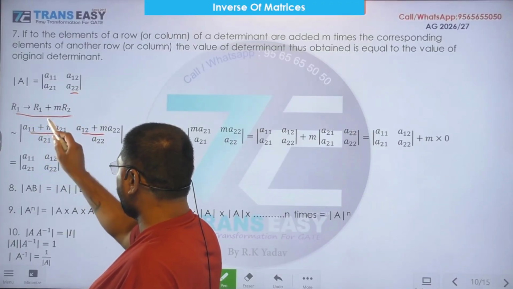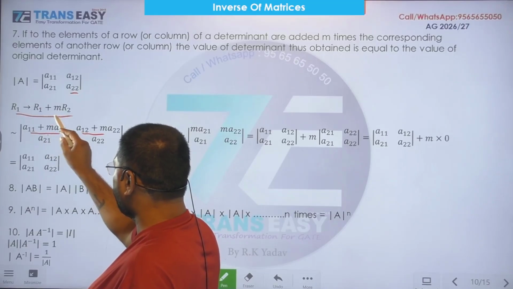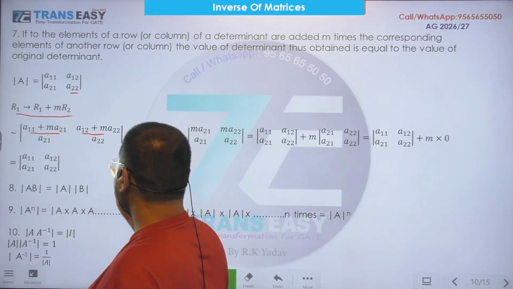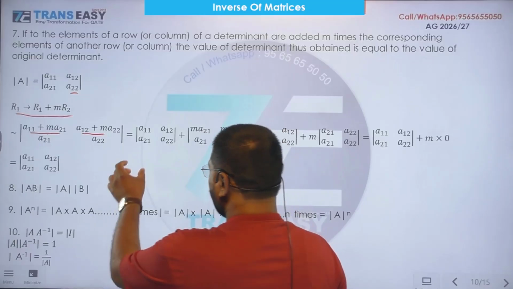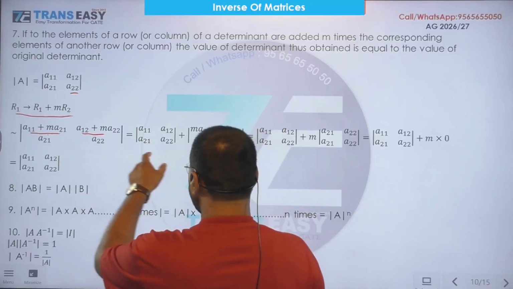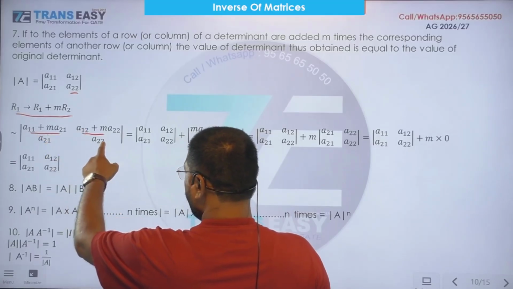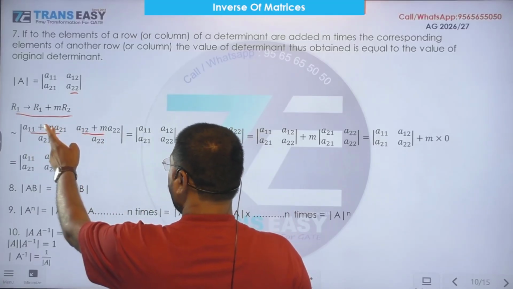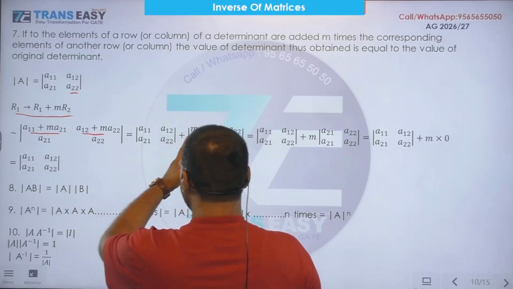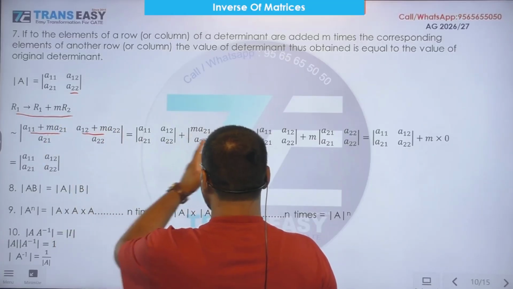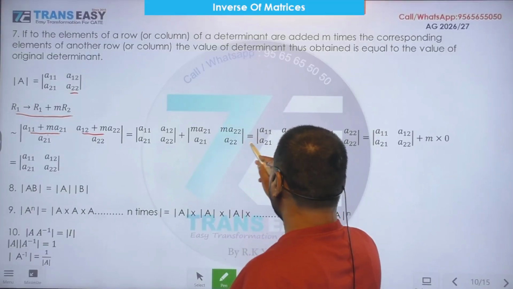So the first row is replaced by first row elements plus m r2. We can separate by using this technique: a11 a12 a21 a22 plus m a21 m a22 a21 a22. Right?